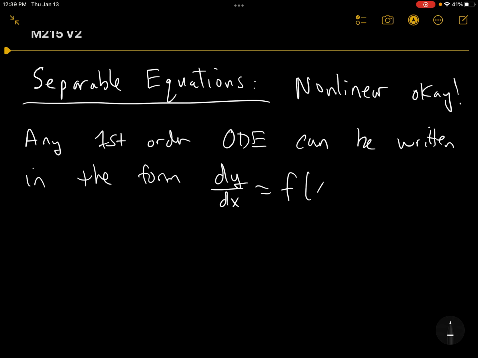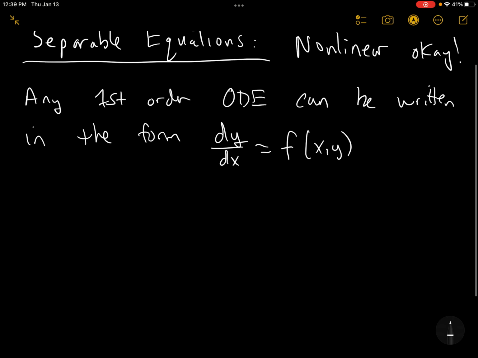These x's and y's can be multiplied together. You can have higher powers of y, which makes it nonlinear. So this includes linear and nonlinear ODEs. If it's linear, use the stuff from 2.1. If you're not sure, or you definitely know that it's nonlinear, then this is your second mode of attack, as you might think about it.